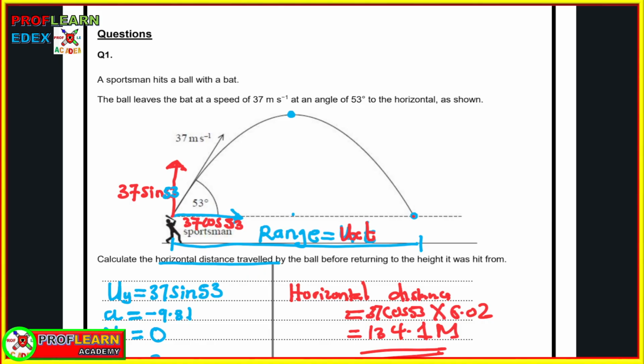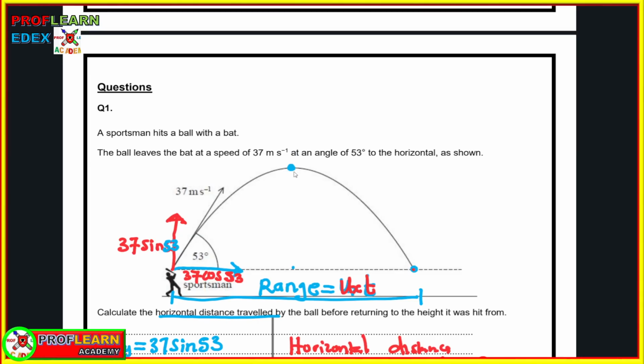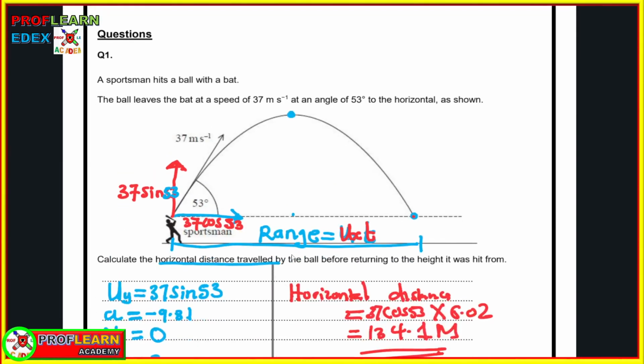Remember that vertical components are usually affected by gravity, but horizontal components are not. So if we want to work out the range, we just take the horizontal component, which is 37 cos 53 times the time of flight.